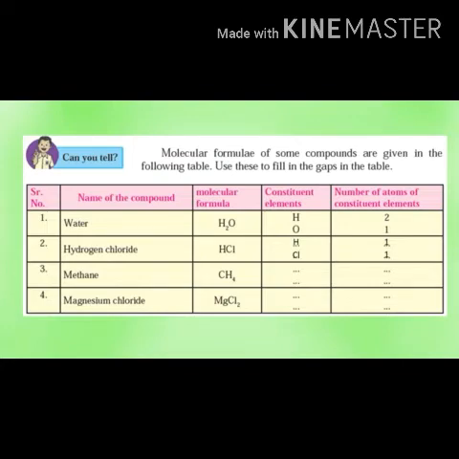This indicates that constituent elements of methane are C and H, that is carbon and hydrogen. CH4 indicates that there is one carbon atom and 4 hydrogen atoms. Number 4, magnesium chloride. Its formula is MgCl2. Constituent elements are magnesium and chlorine. Total number of magnesium atoms is 1 and chlorine atoms is 2.